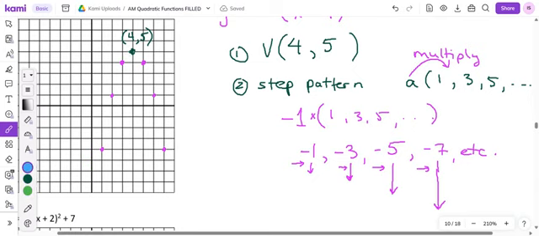Now I'm going to, as smoothly as possible, draw my parabola with arrows through these points. And I'll label the parabola: y = -(x - 4)² + 5.